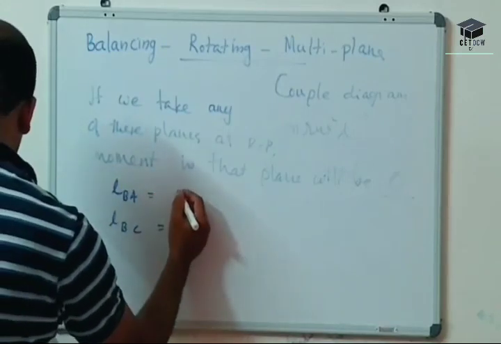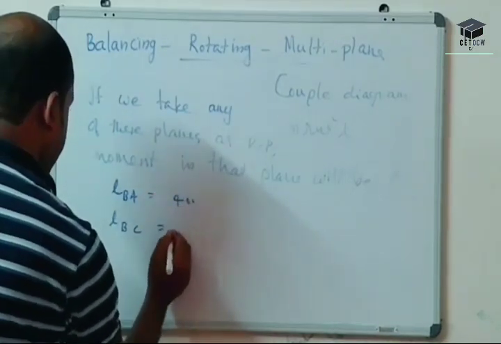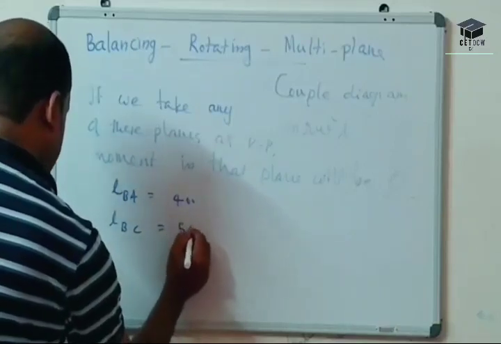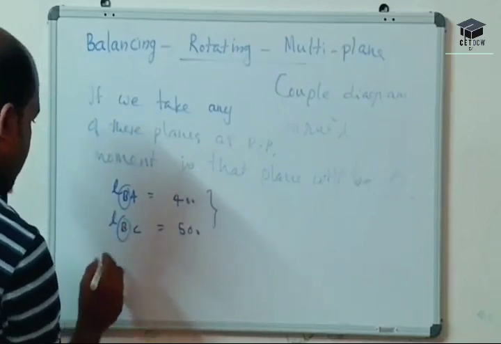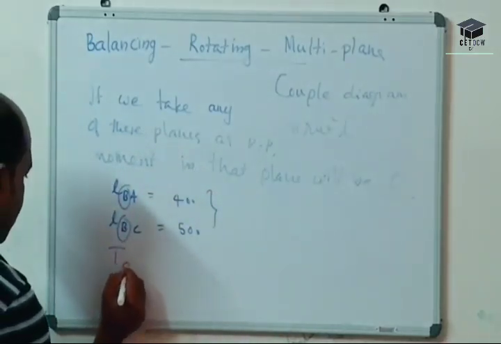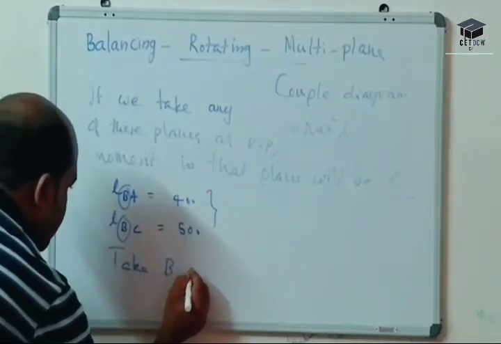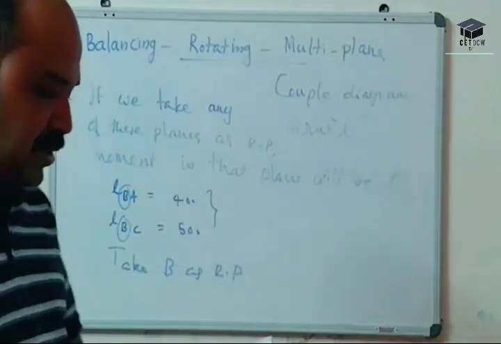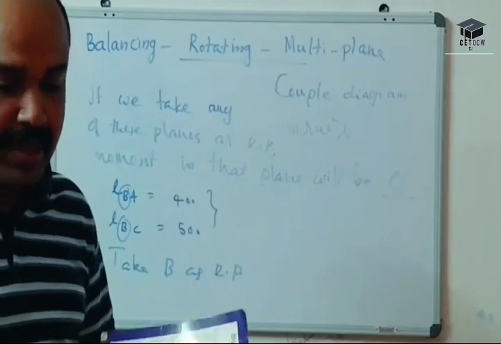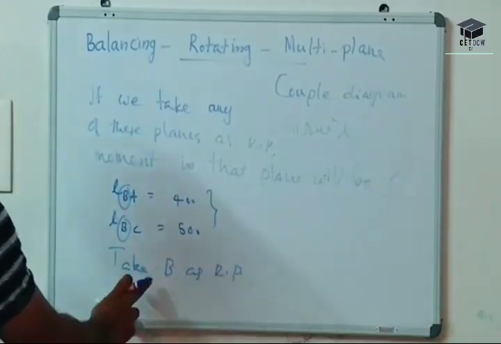These are given. LBA is 400 and LBC is 500. You can see that B is common. So take B as reference. You cannot take D as reference because data regarding D is not given. So you can take B as reference line.